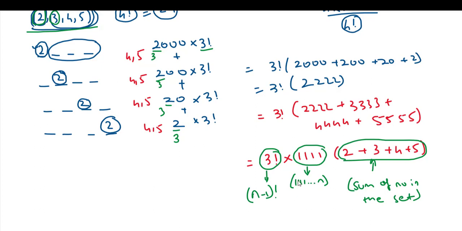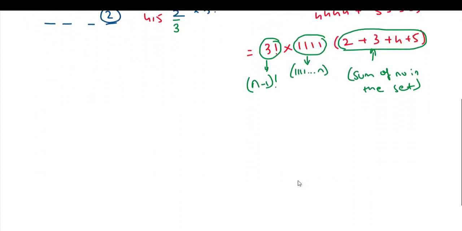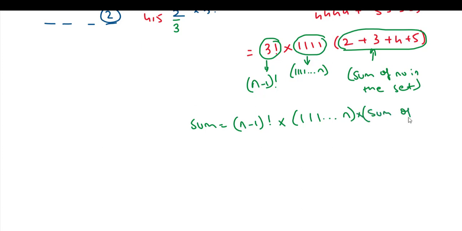So the general formula for finding the sum of all the n-digit numbers that can be formed using the given n digits will be: sum equals n minus 1 factorial into 111..., a series of 1s, n times, into the sum of all the digits.